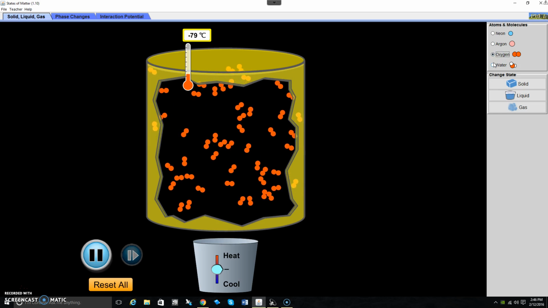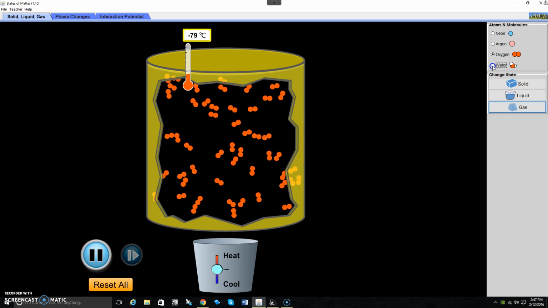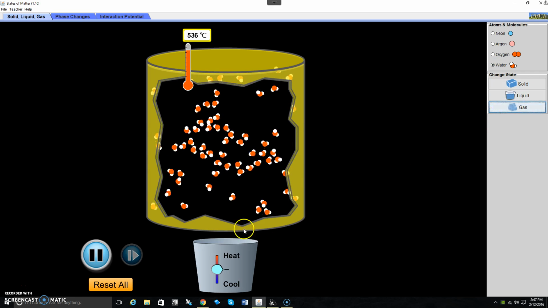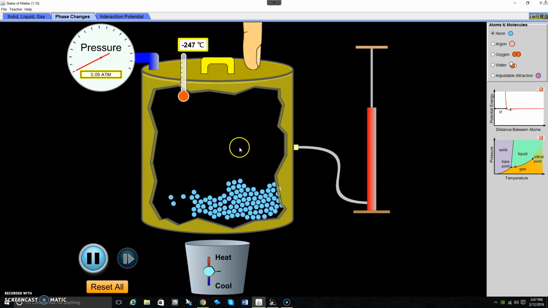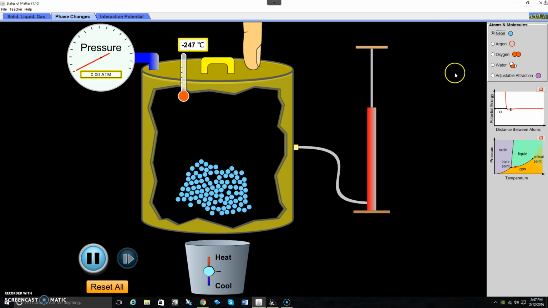You can also note the differences between O2 and water. Then we'll move on to this window, and we can do the same comparison between neon and argon.